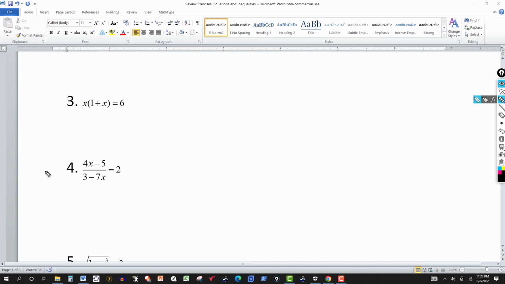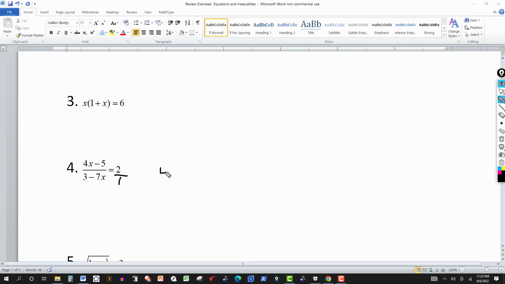This one is a rational equation. Again, these are just basic problems, prerequisite skills for college algebra. Even though some of these, like I said, you might learn in college algebra, it's to your advantage to already know these kinds of problems. So we can put this over 1, and since we have a fraction isolated on one side, we could cross multiply, which is the same thing as multiplying both sides by 3 minus 7x.